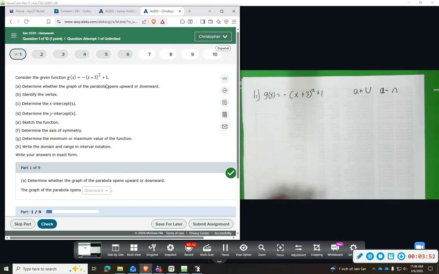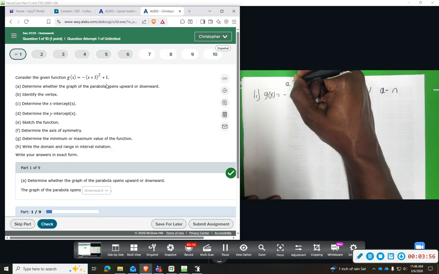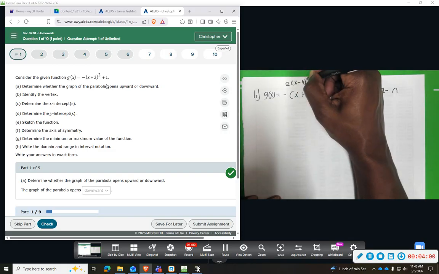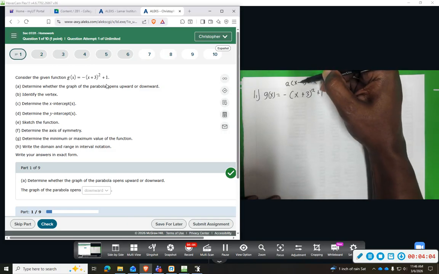Now, in the vertex form, it gives you a times x minus h plus k. Now, if you notice, the sign is opposite. You're always going to do the opposite sign. The fact that we see a positive 3 means that we plug a negative 3 in. Okay, so minus a negative will give you a positive.